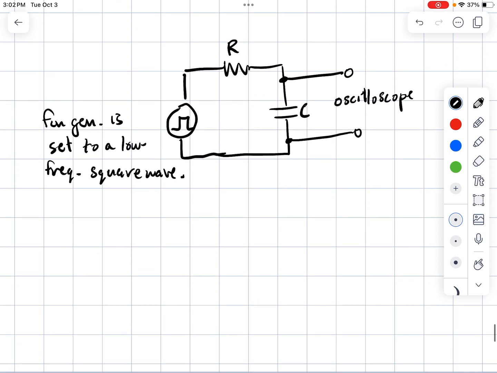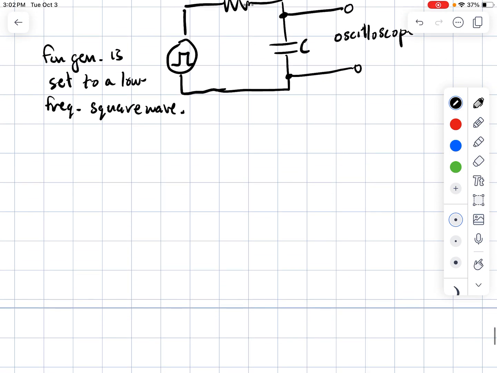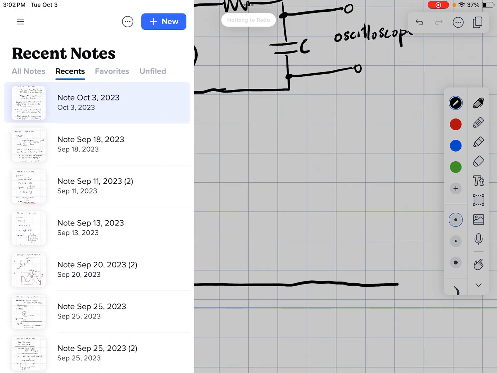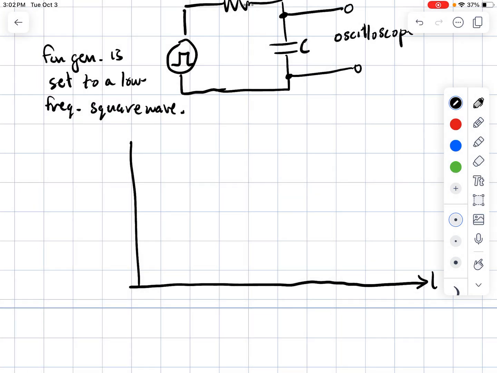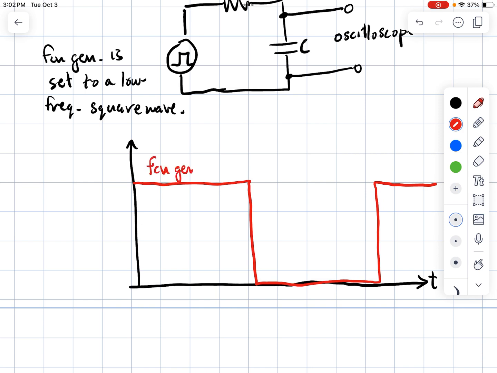So what we expect to see then is, if we were to plot as a function of time our square wave, maybe it starts positive and then goes down to 0 and then jumps back up to positive. So this would be our function generator. And then what's our capacitor going to do?